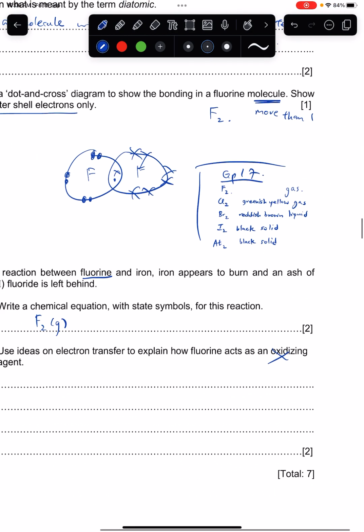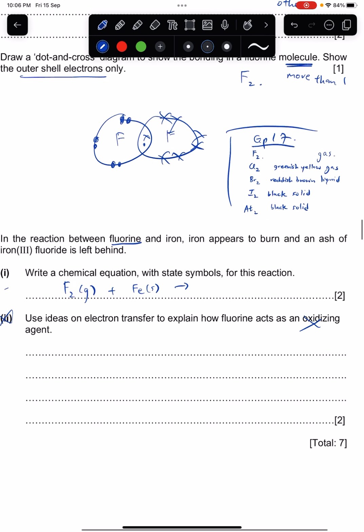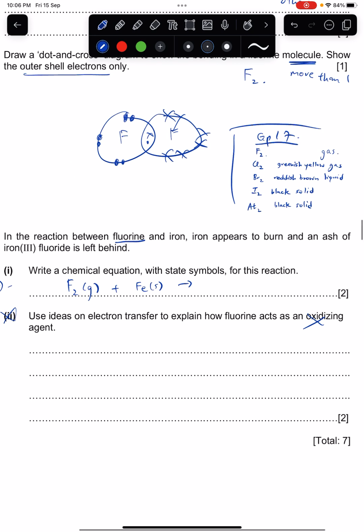So in this case, it's F2 gas plus iron. Iron is a metal, solid, right? I will get what? Iron(III) fluoride, and the state is solid. So what does the 3 mean? Is it Fe3F?